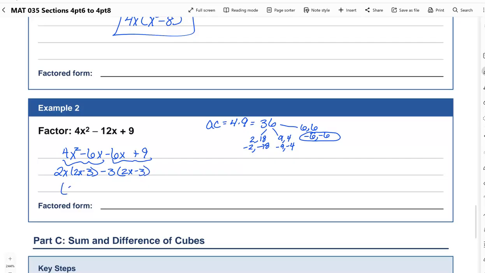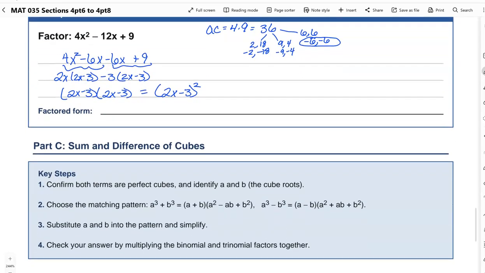And now you can see we have that 2x minus 3 in common, leaving us with 2x minus 3. Our factored form is going to be 2x minus 3 times 2x minus 3, or 2x minus 3 squared. Okay, but the process is the same. Still using that a times c, still breaking it down, trying to figure out which combination is going to give you that middle, and then doing the rewrite step.